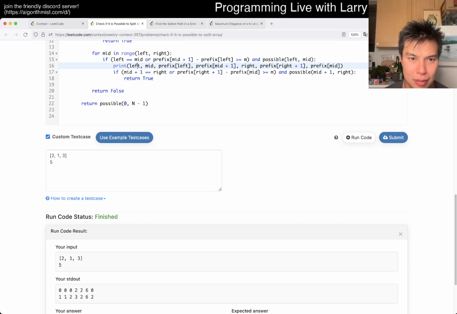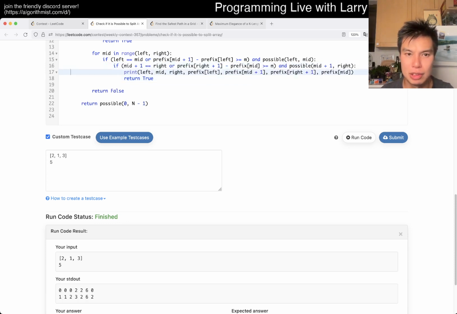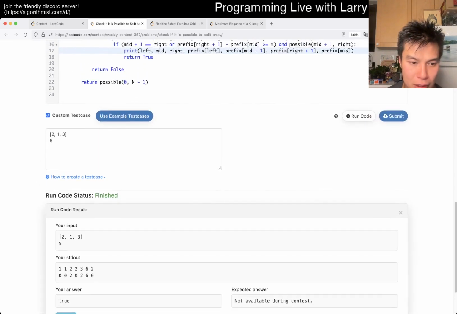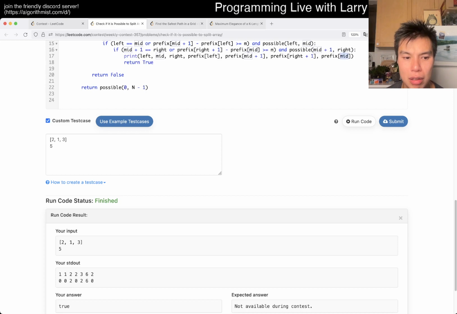Left. What am I doing? Tell me why. This is returning true for something. That's why we're having an issue. Okay, so 0, 0, and then 0 to 2. So 1, 2, 2. This is wrong. Huh. 0, 0.